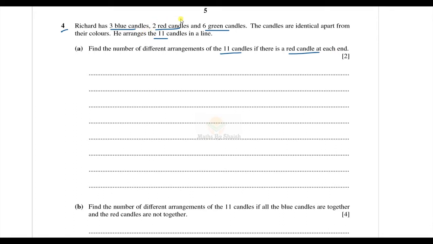So there are 2 red candles and they are at the ends. So if the two reds are at the ends, we are left with only 9 places in between. Now in those 9 places we have to arrange the 3 blue candles and 6 green candles.